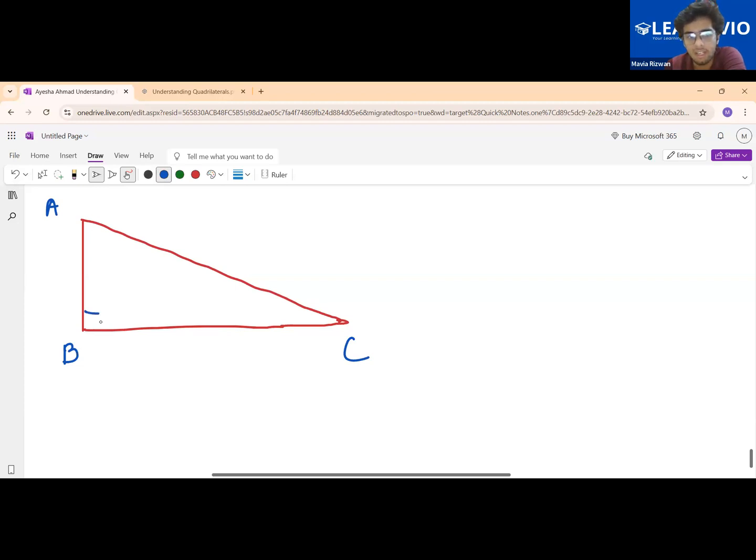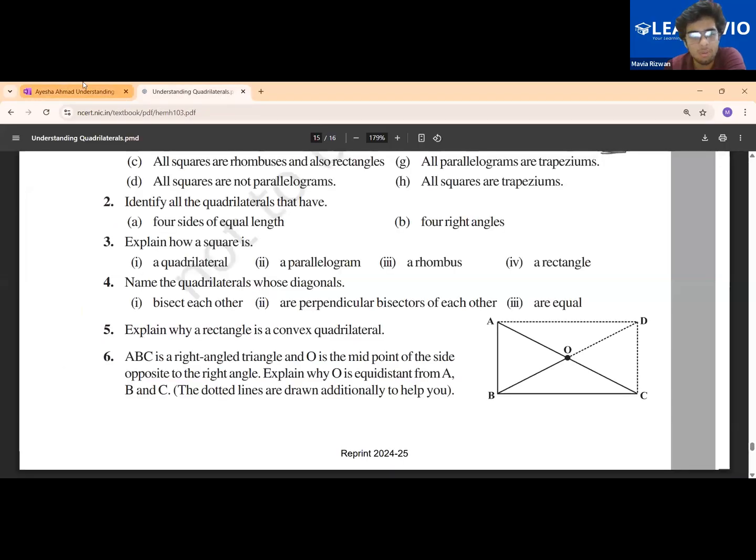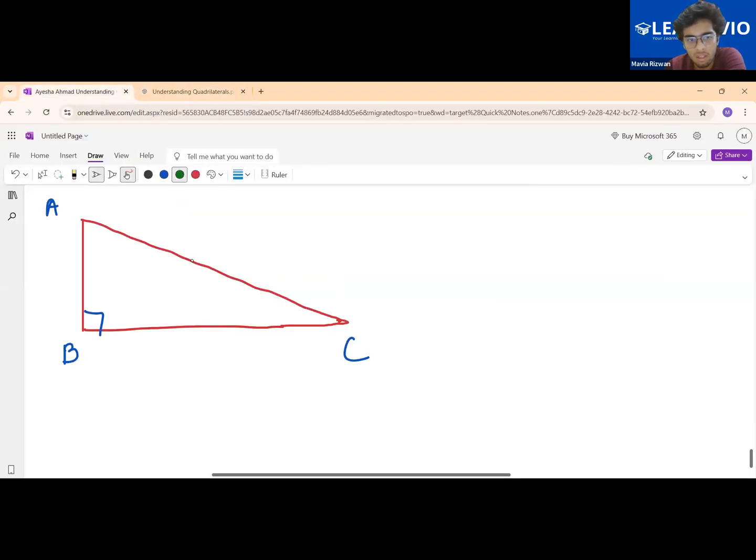Now, this is 90 degrees. This is a right angle triangle. The question further says O is the midpoint of the side opposite to the right angle. So O is the midpoint of this side.